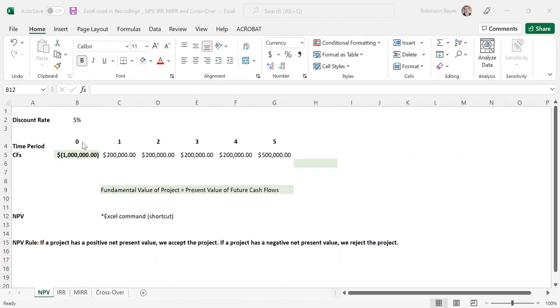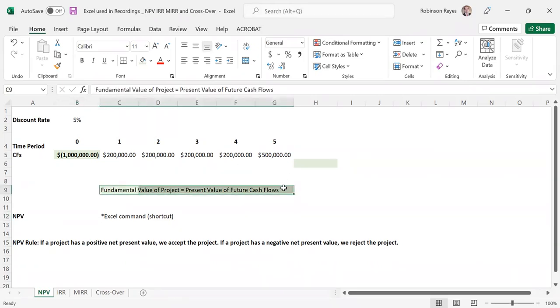Okay. So the first thing is that the net present value is quite a simple concept, and I will try to keep this video as brief as possible because the net present value, well, we are just starting from this premise that the fundamental value of a project, the price of any project, the investment that you should pay for any project, if the project is fairly priced, should be equal to the present value of future cash flow.